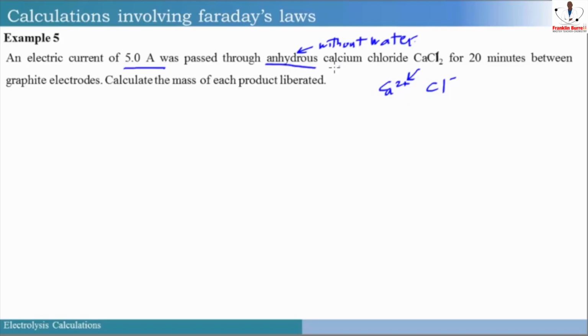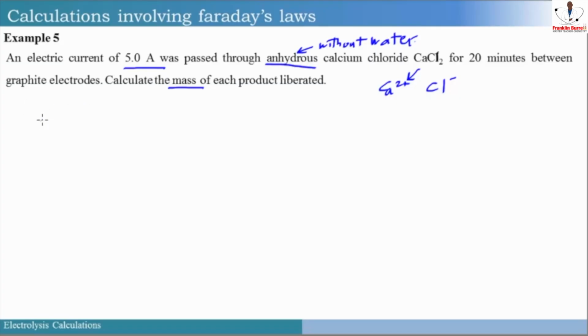Because it is anhydrous, therefore no H+ or OH- ions would be present. So in this case, we want to find out the mass of each product liberated at the anode as well as the cathode.